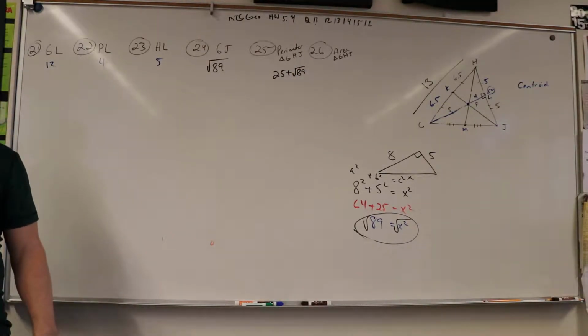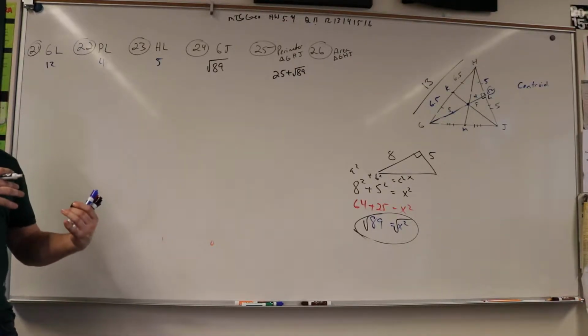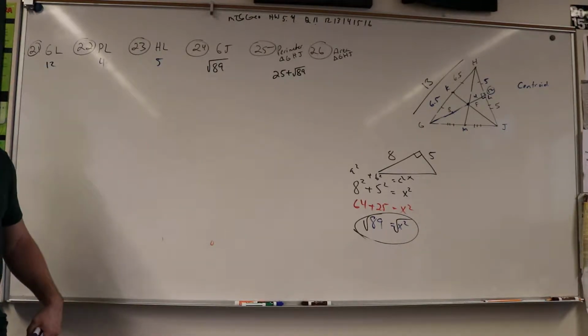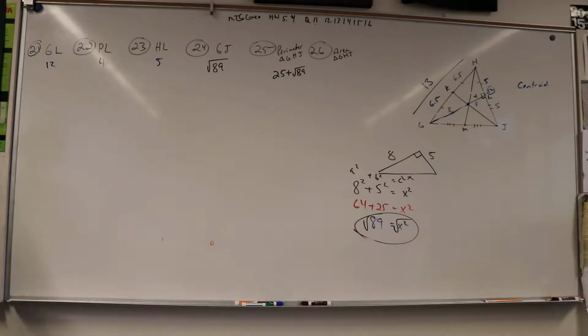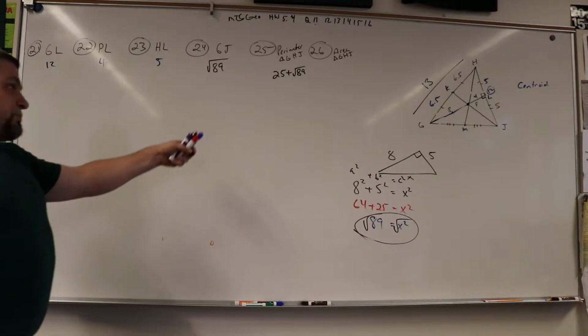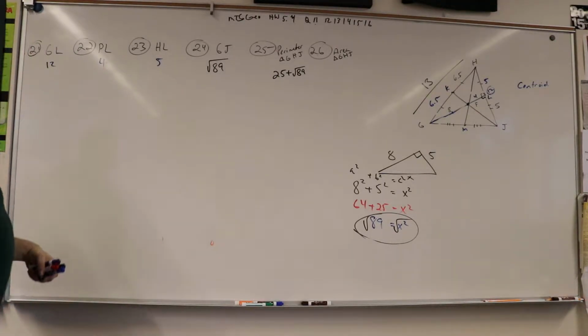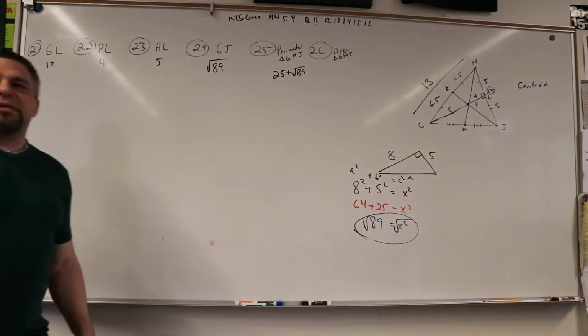Right? I can't add those two because one's a square root, one's not. Now you can put it in the calculator and figure it out, and that's fine. You know it's going to be 9 point something, 9.1, 9.2. So 25 plus 9.2 is going to give you 34.2 or something like that. Okay? The area now. What is the area?